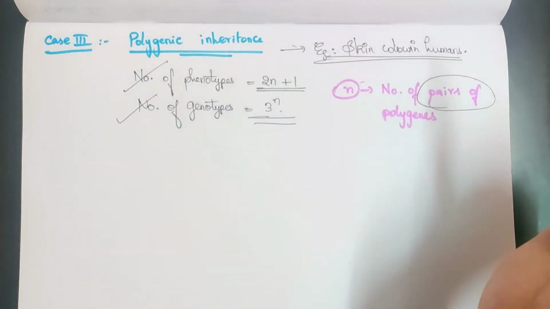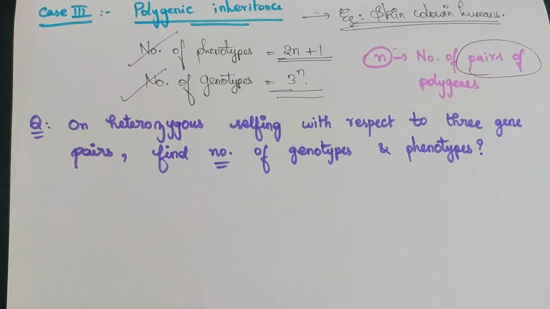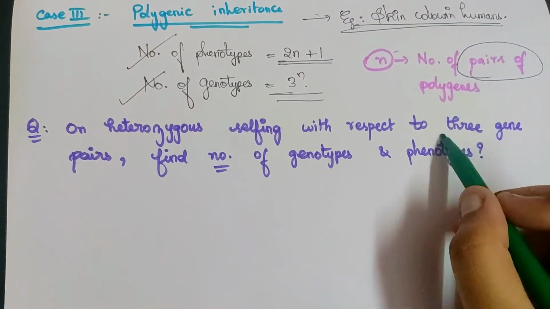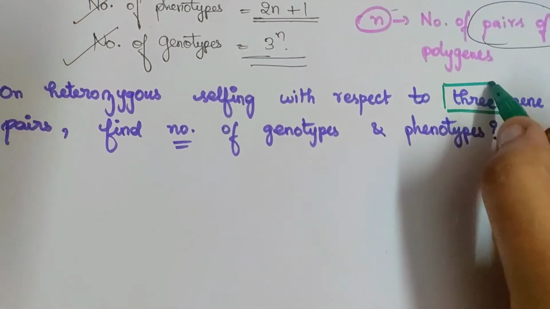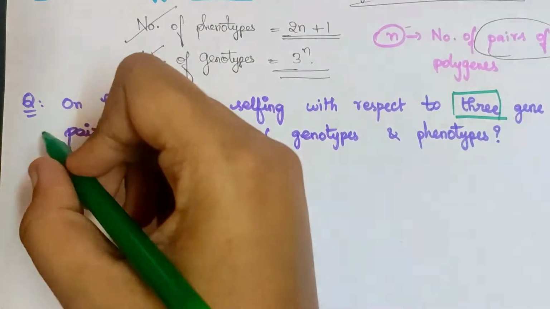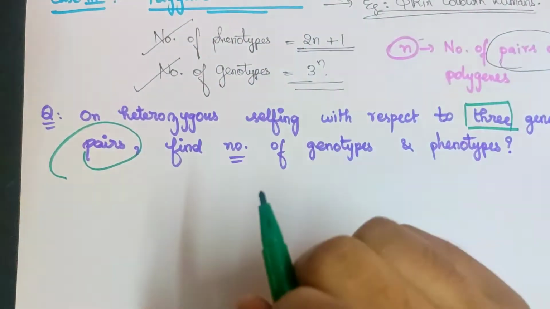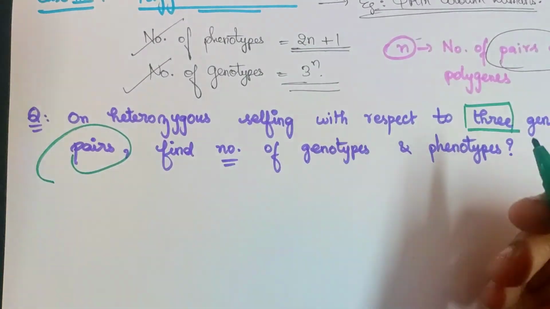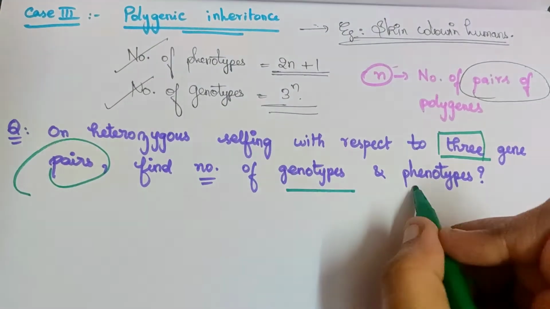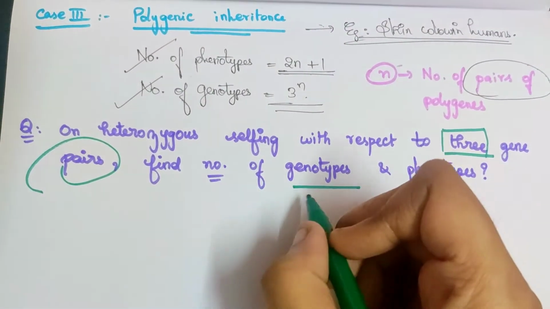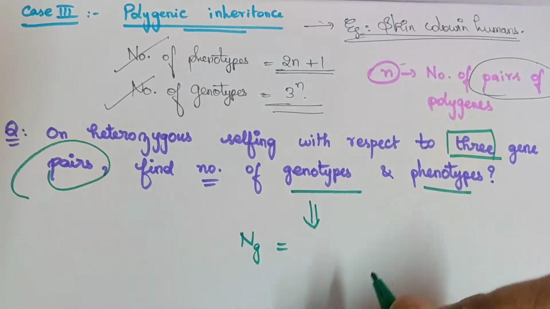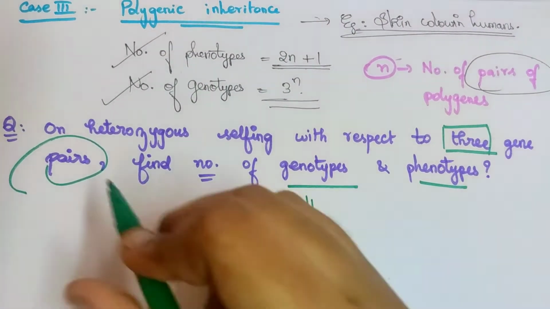Let's see one question regarding this. They have given one question like this: on heterozygous selfing with respect to 3 gene pairs, find the number of genotypes and phenotypes. Whenever they give gene pairs, you can use this formula that corresponds to polygenic inheritance. Number of genotypes, ng, is equal to 3 power n.